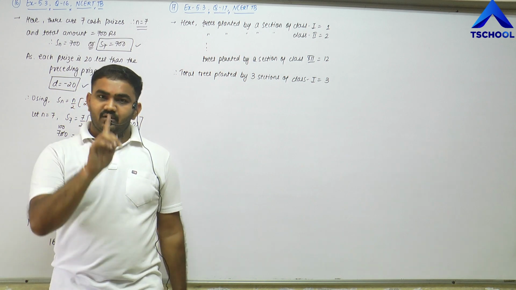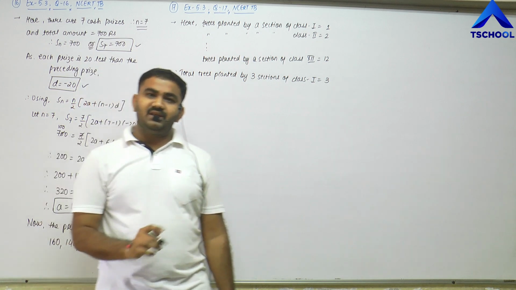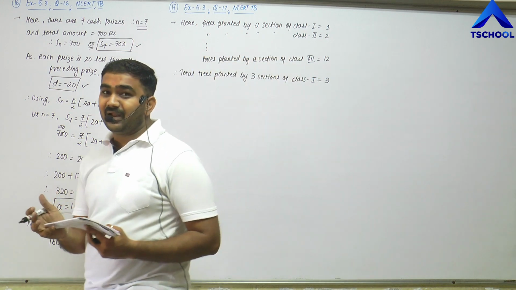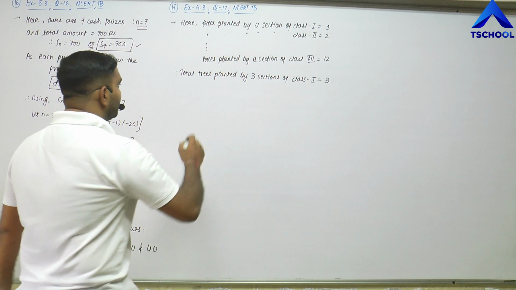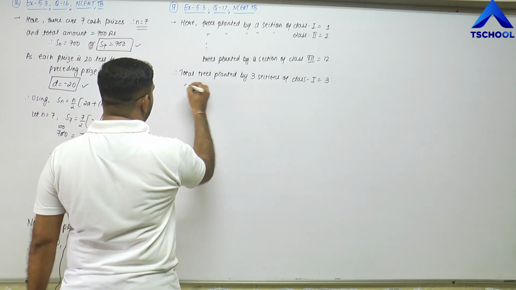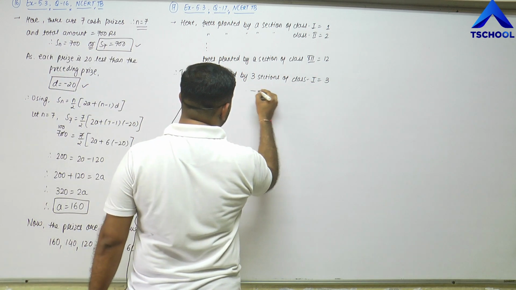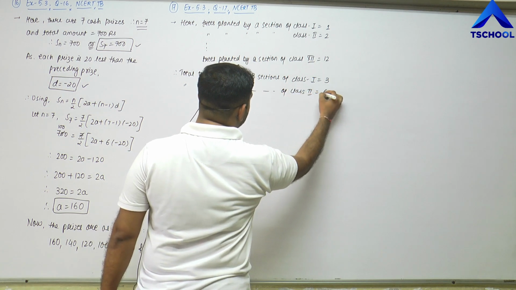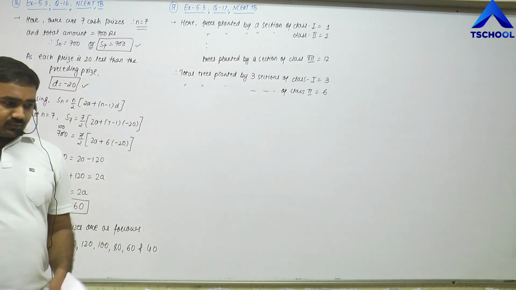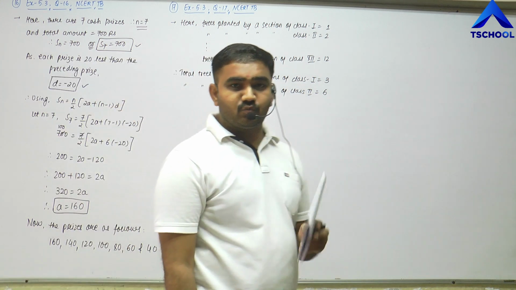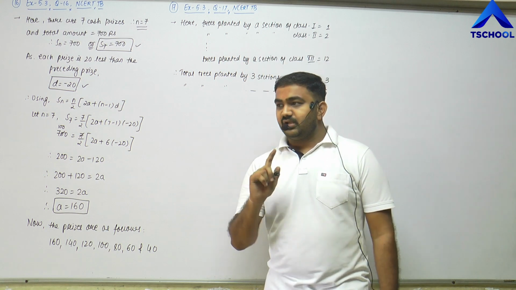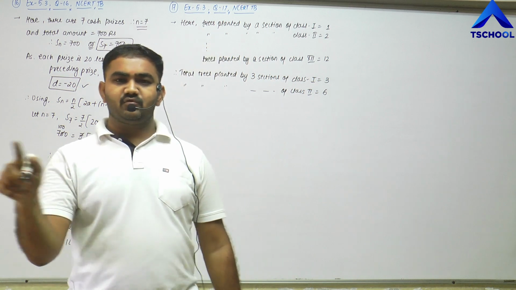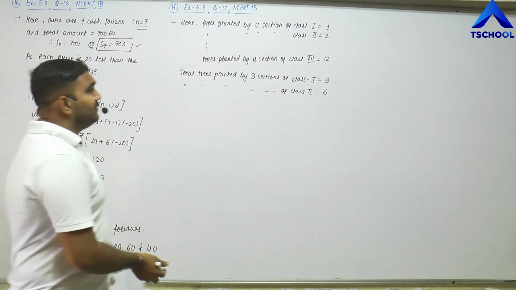So all the students of class 1 of all 3 sections will plant 3 trees, yes or no? Similarly, total trees planted by 3 sections of class 2 is 6, because one section of class 2 plants 2 trees. So all the 3 sections will plant 2, 2, 2, that means 2 plus 2 plus 2, that is 6. Or you can simply multiply, friends.